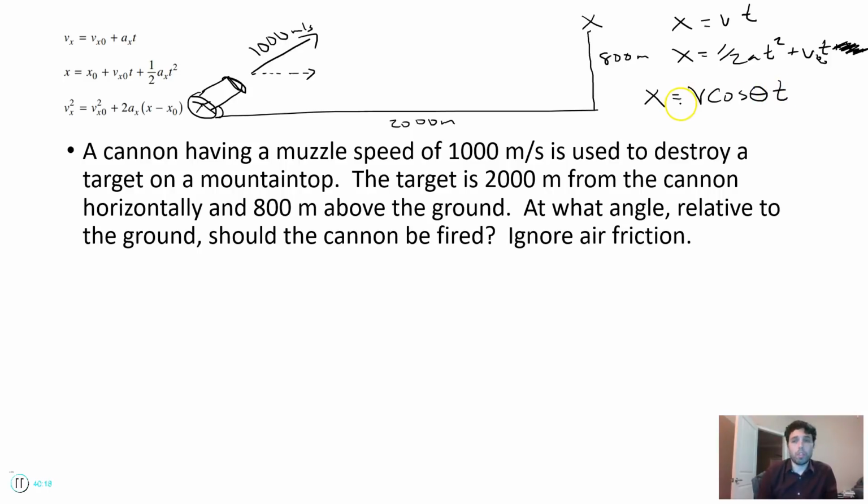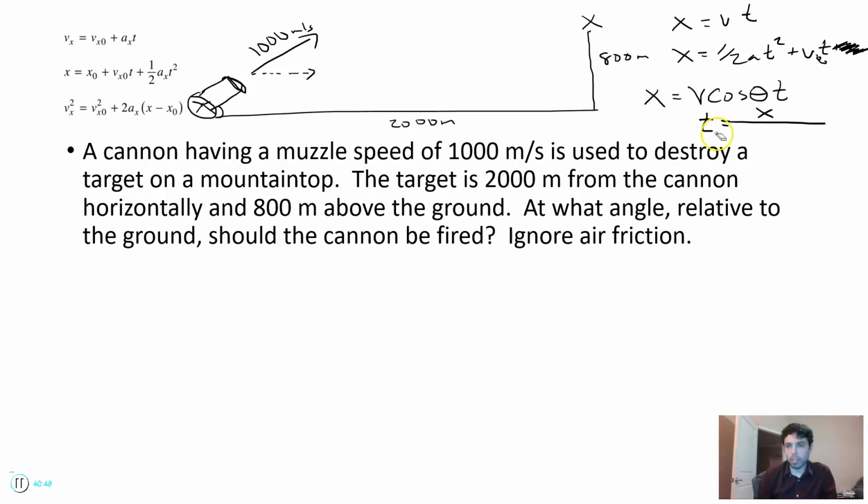Now, another way we could express the horizontal position equation, x equals vt, is what if we put some numbers in there? What if I said, okay, well, I know x, the position, is 2,000. First, let's solve for t. So t, divide by v cosine theta. So t is going to be equal to x divided by v cosine theta, right? Let me space this out better so it's more clear what I'm doing.